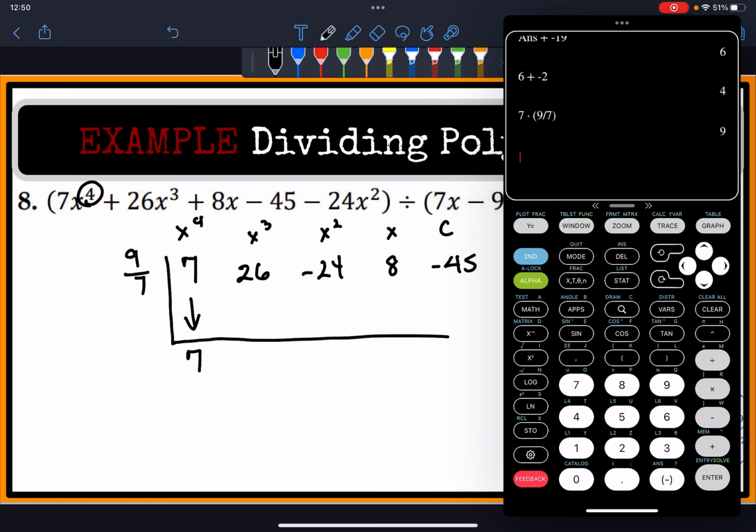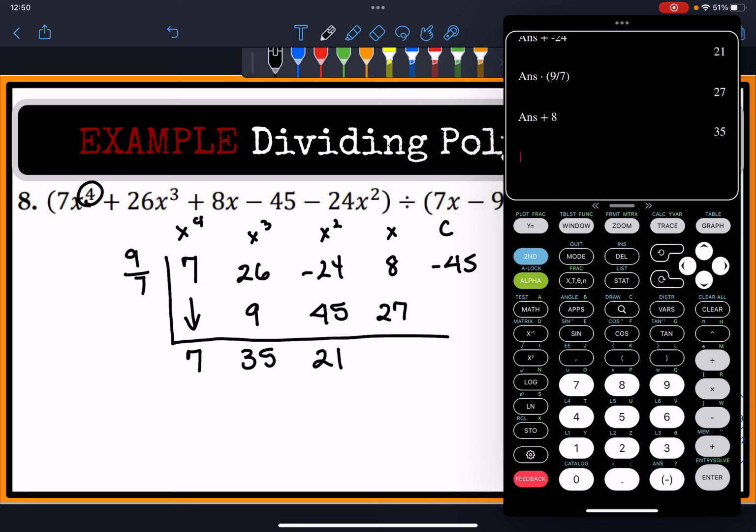So 9 goes here. We add that 9 with 26, and that gives us 35. Multiplying that 35 with 9 over 7 is 45. Adding it with negative 24 is 21. And multiplying that answer with 9 over 7 is 27.